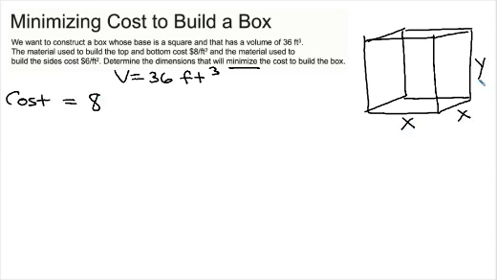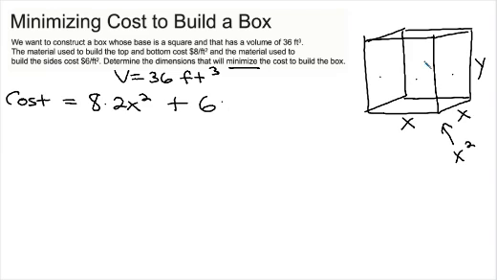The area of this bottom, isn't it x squared? But I have two of them, so it's going to be 8 times 2x squared, plus 6 times all of these 4 vertical sides here.